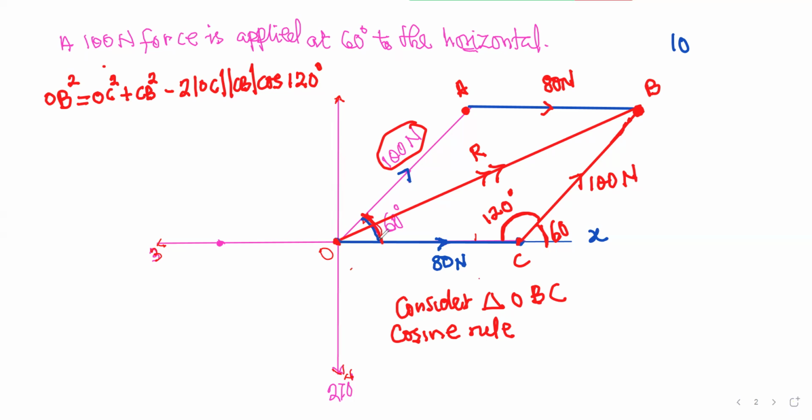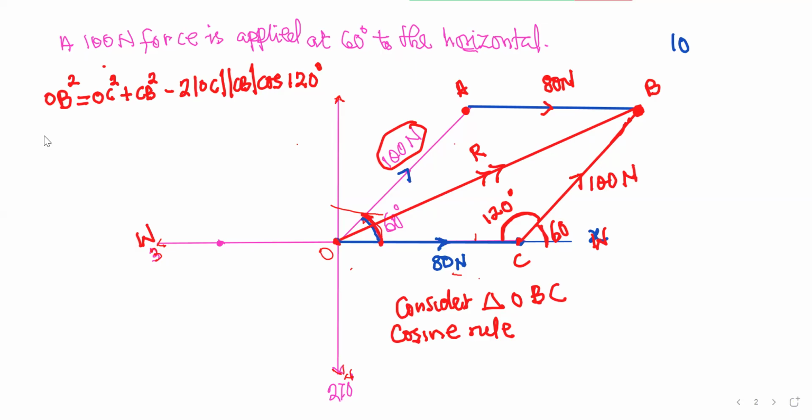We were told that the 100 Newton force makes an angle of 60 degrees with the horizontal. The west-east is the horizontal, same as the x-axis. So when we measured an angle of 60 from the horizontal to where the 100 Newton force acts, that's how we got this angle. Are you okay?